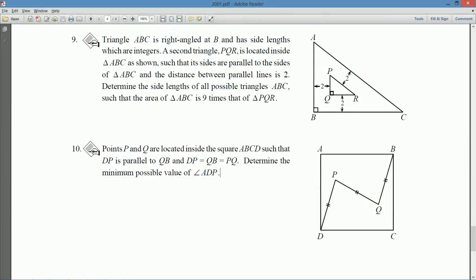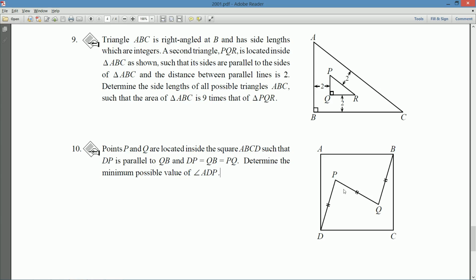Just because minimum possible value, we're going to want to actually make an actual angle calculation at some point. So we'll probably use the sine law or the cosine law or something at some point to get that angle ADP. And so we're going to need values anyway. And if you're going to add values to a picture like this, it makes sense just to add them on an actual grid and give everything coordinates, not just lengths.